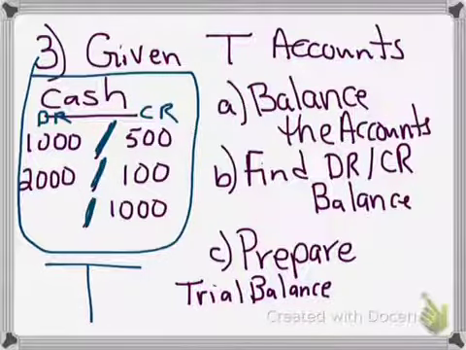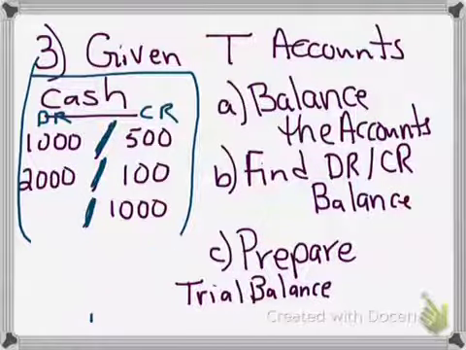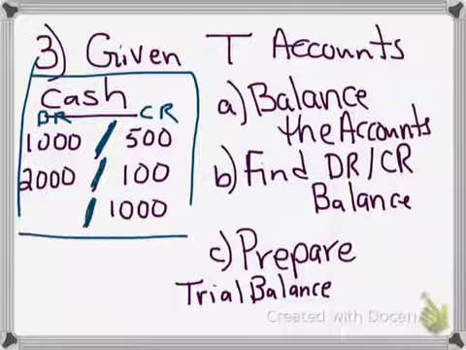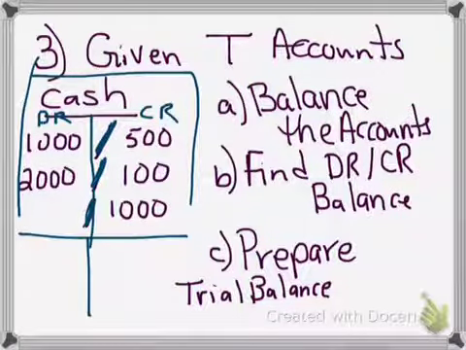So if I were going through and I wanted to balance out this particular account, I would come down and balance. Just assume that that's kind of going down like that.